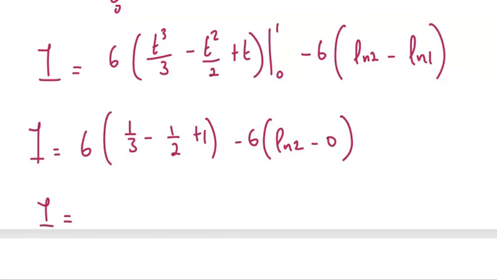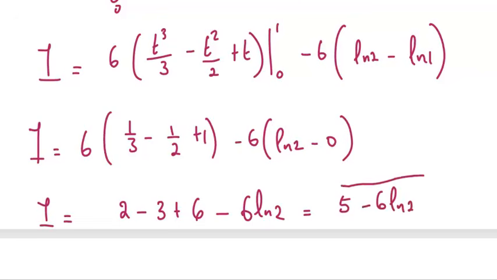So here I is equal to, opening this bracket with 6, 6 times 1 over 3 is giving us 2, minus 6 times 1 over 2 is giving us 3, then plus 6 times 1 is giving us 6, then minus 6 ln of 2. So finally we have our solution, right? Remember we have 2 minus 3 plus 6, which is giving us 5. So 5 minus 6 ln of 2 is our solution.